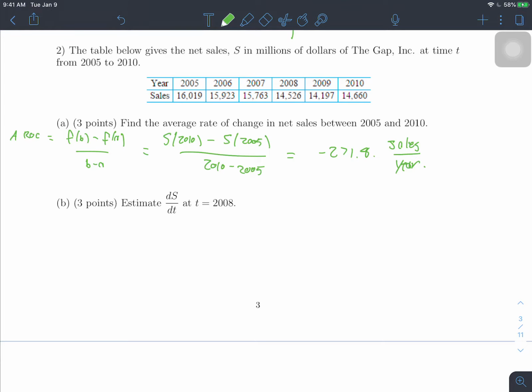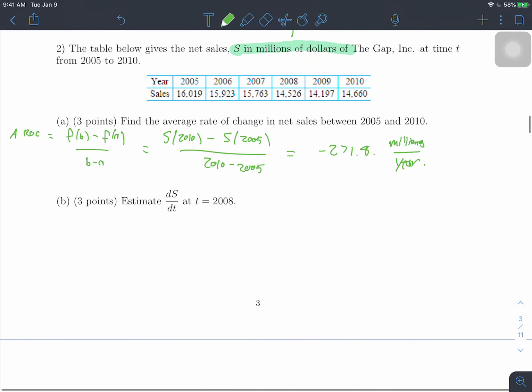No, it should be sales in terms of millions of dollars per year. S is in millions of dollars. So we should have our sales decreased on average $271.8 million per year.